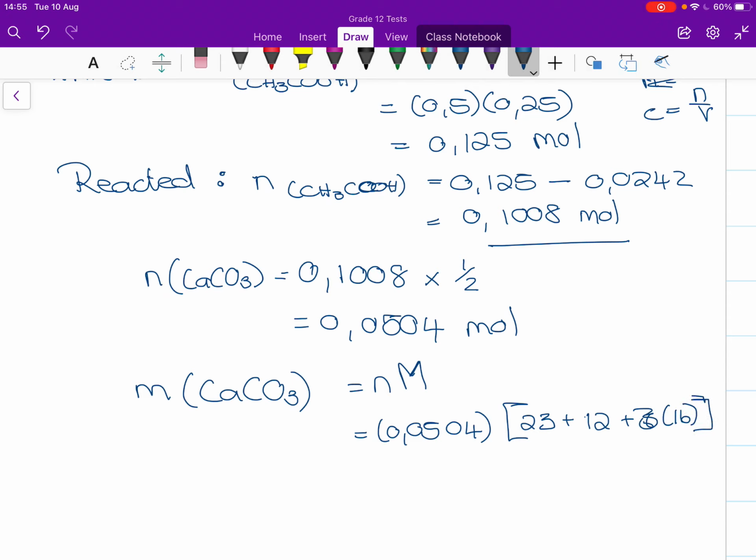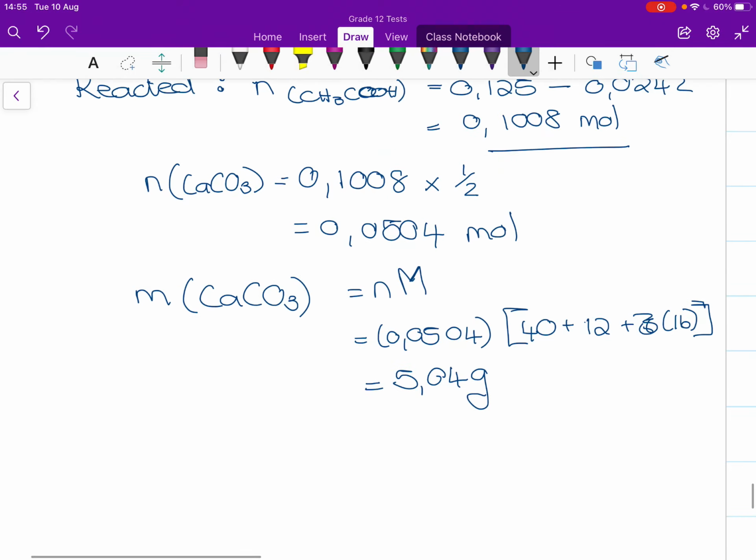I think I'm wrong with the calcium, I'm just doing this out of my head. Calcium is 40. It's never going to give you 100, so that's 100, and 100 times my value means I've got 5.04 grams. So of the 5.6 grams, only 5.04 is actual calcium carbonate.